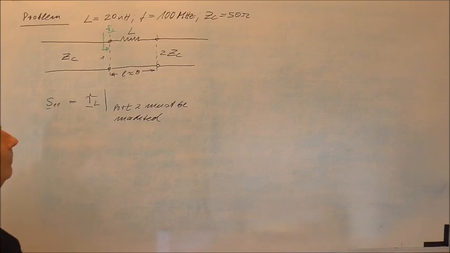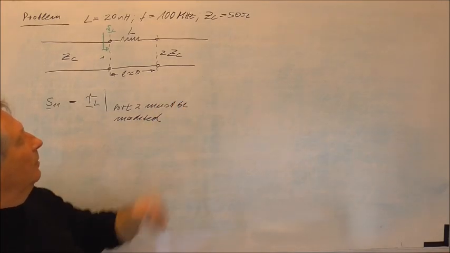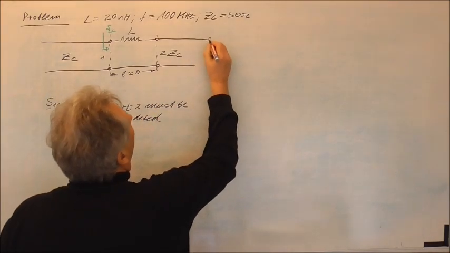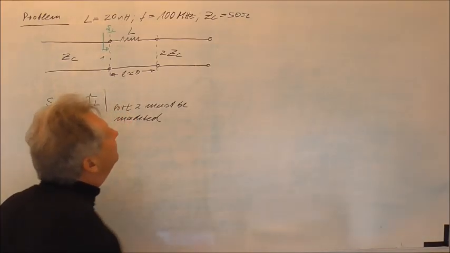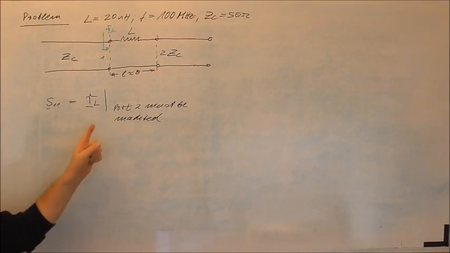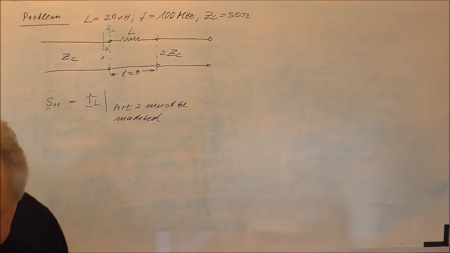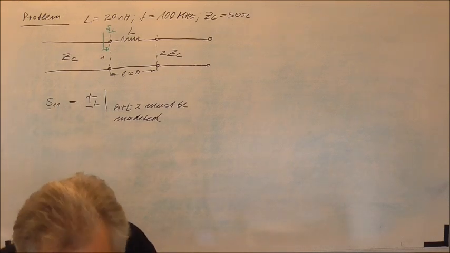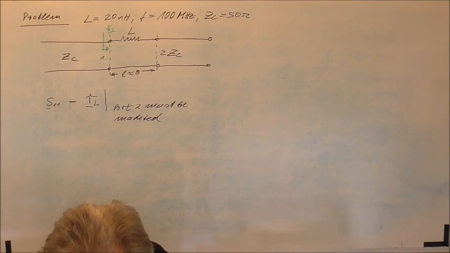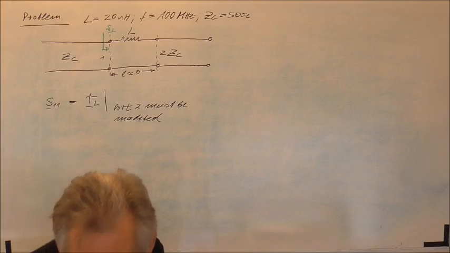And of course here we have a transmission line. Perhaps I cut this transmission line here, and if I have to match port 2, what do I have to do? Can somebody answer this question?